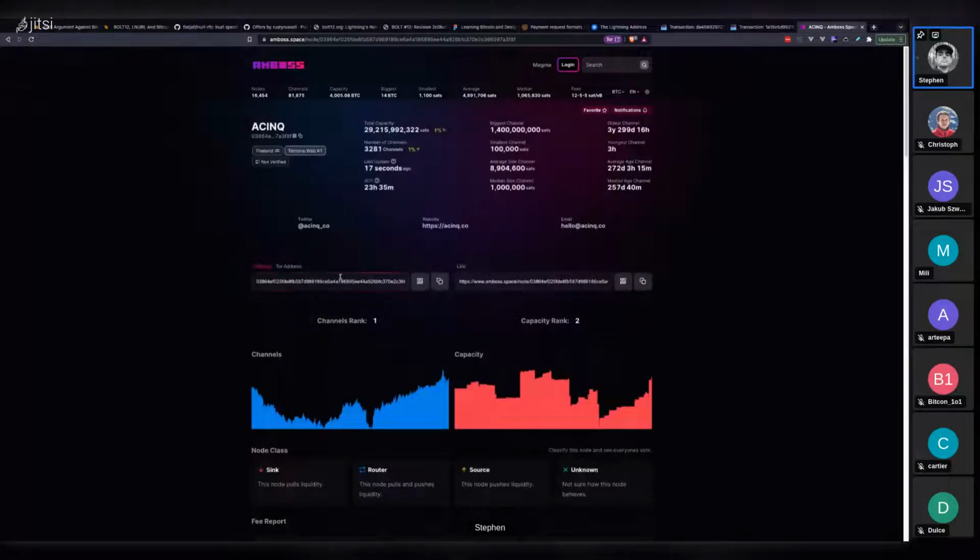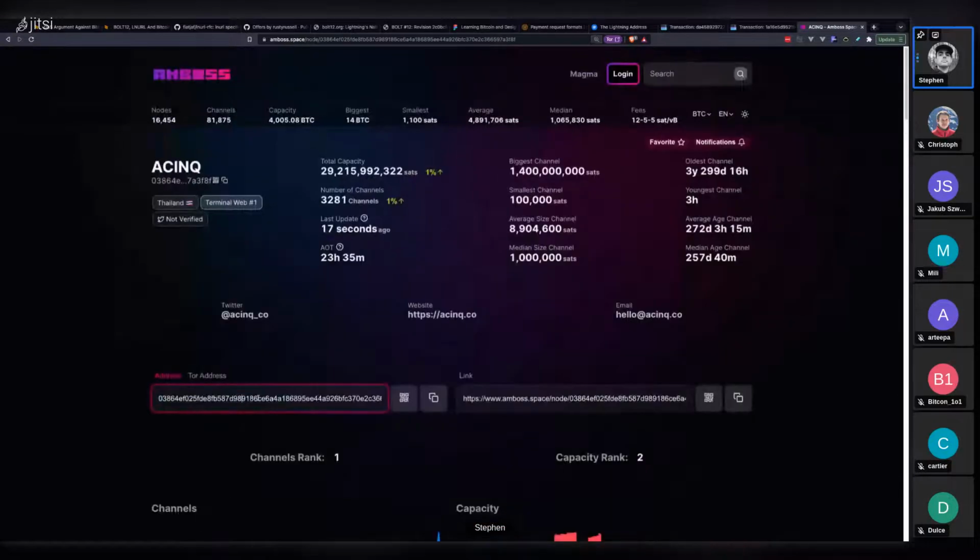The problem is I'm looking at the biggest Lightning node on Earth, and that's why the page is taking a while to load. But they have this address right here, and it looks like a long complicated string, like da da da da da at 3.33. That's basically the address of that Lightning node, and when you're paying an invoice, you pretty much know you're paying that node with that public key. You know who you're paying.